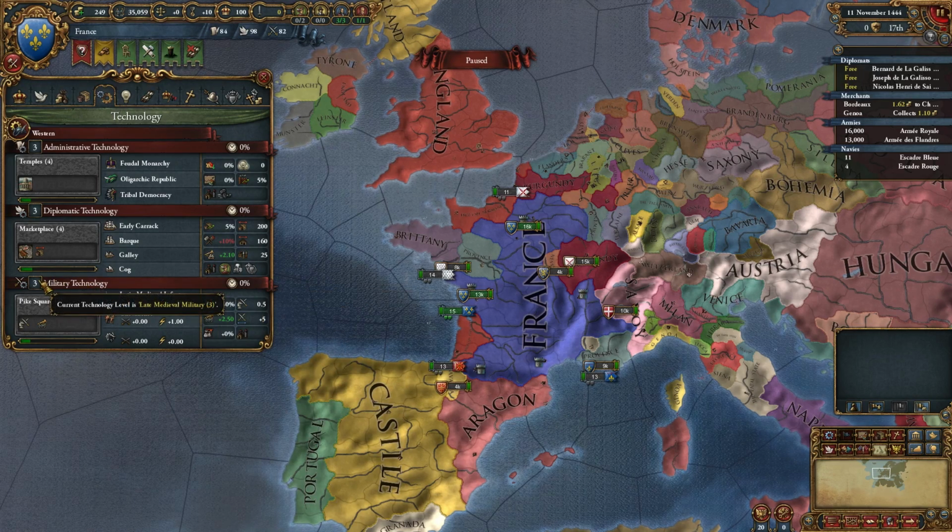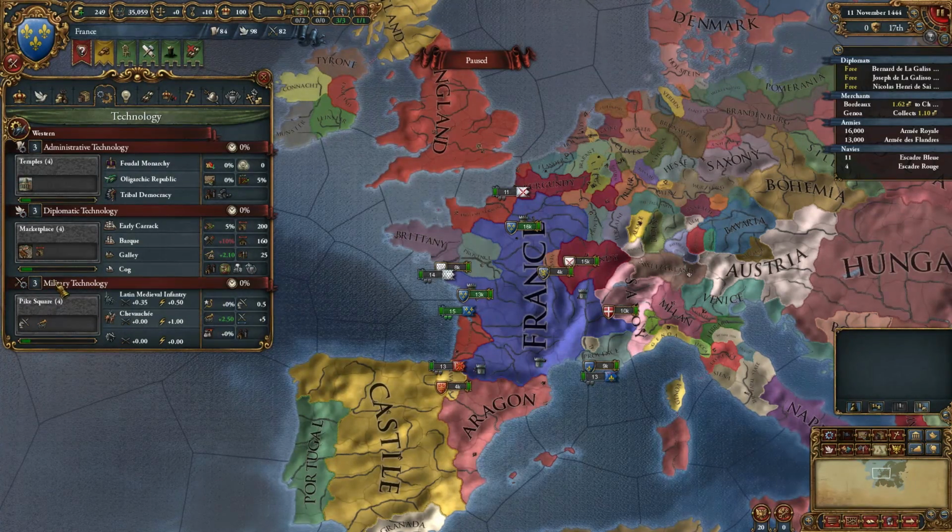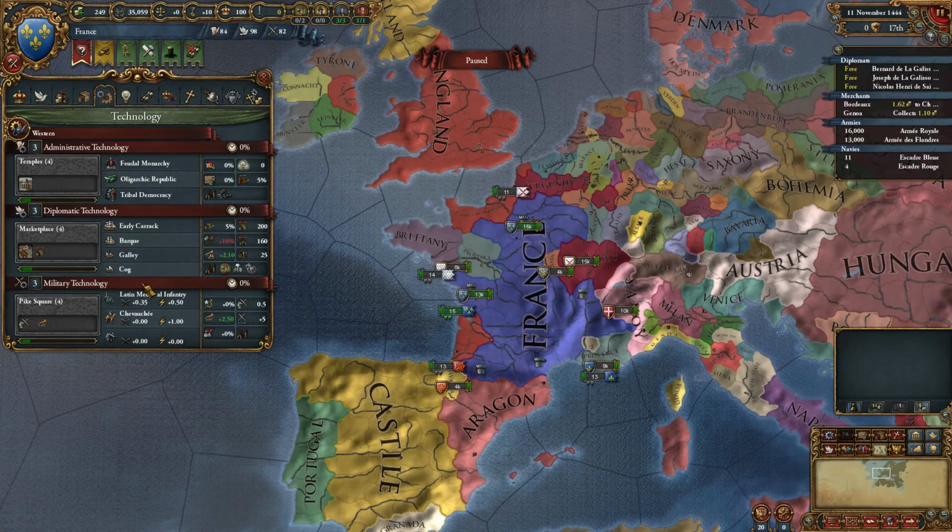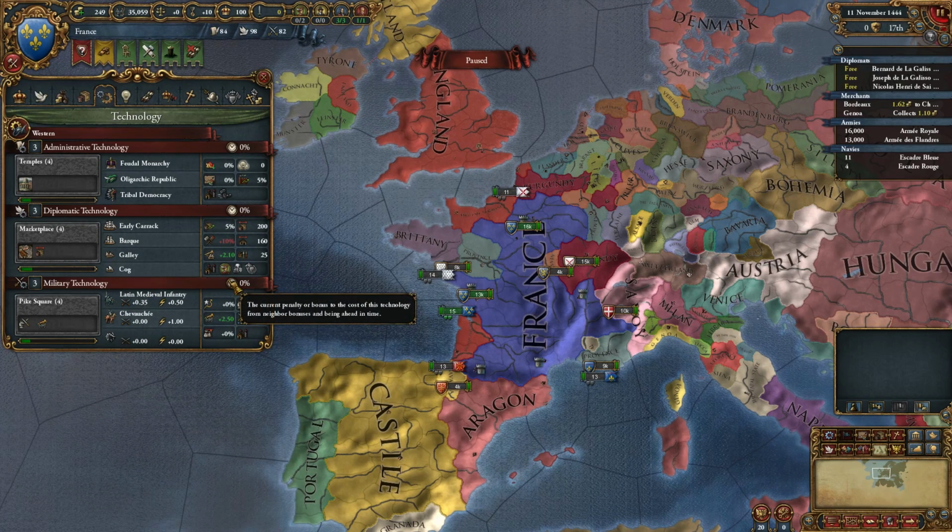Moving on to military technologies, which are probably the most important, even though they give the least amount of bonuses. That's because it increases everything to do with your fighting machine and nothing else. So there is no bonus or penalty for being ahead or behind in the time.